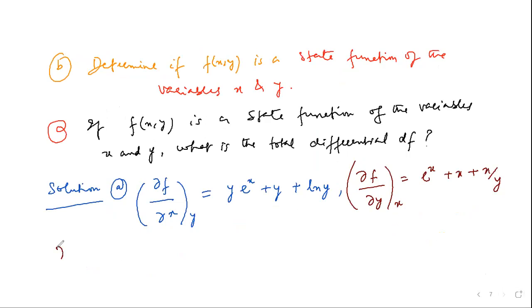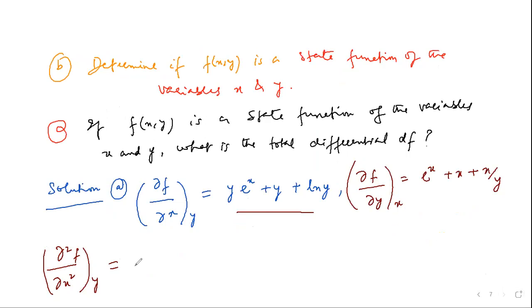Then we find the second order derivative, ∂²f/∂x², treating y constant. What does that mean? It is ∂²f/∂x² treating y constant. So I have to differentiate this once more with respect to x.